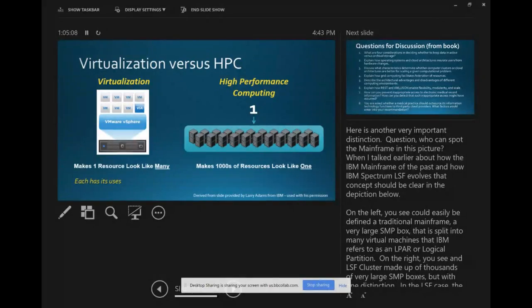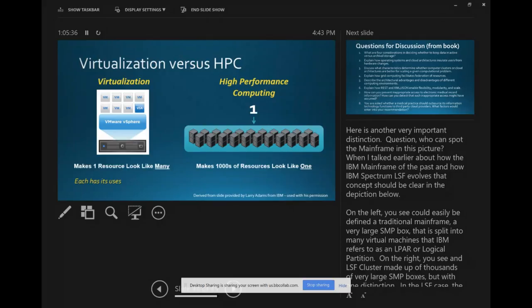With virtualization, you're trying to take one resource, a physical computer, and make it look like a whole bunch of smaller computers. That's virtualization. High performance computing is in the opposite direction. I'm trying to take a lot of resources, in some cases thousands of resources, and make them appear as if they're one computer.